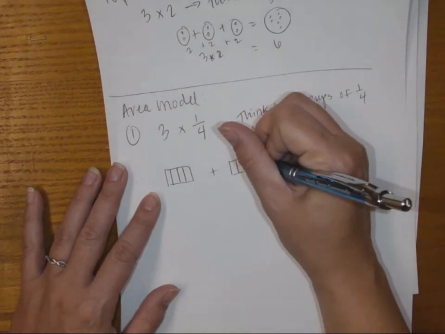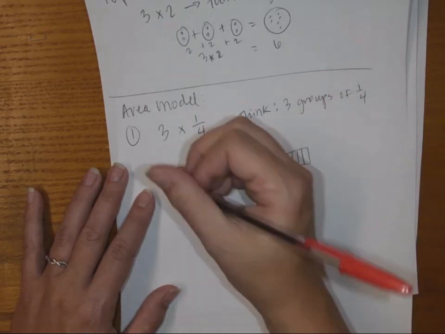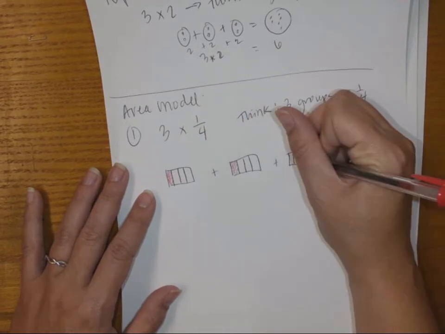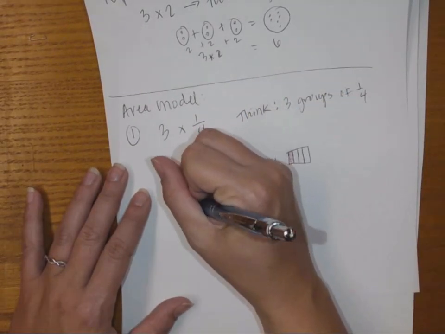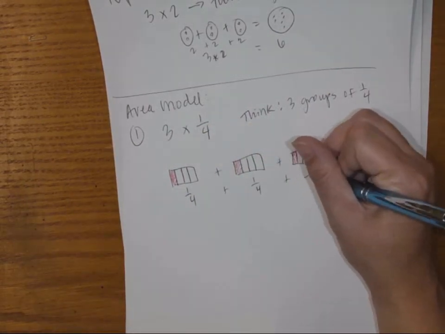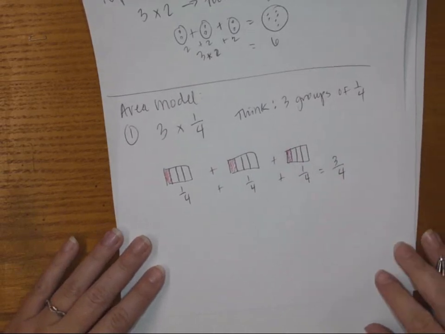Split them all into 4 pieces. And then I'm going to shade 1/4 of them. So this would be 1/4 plus 1/4 plus 1/4 is a total of 3/4.